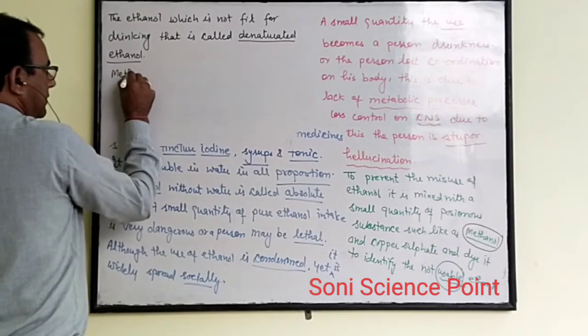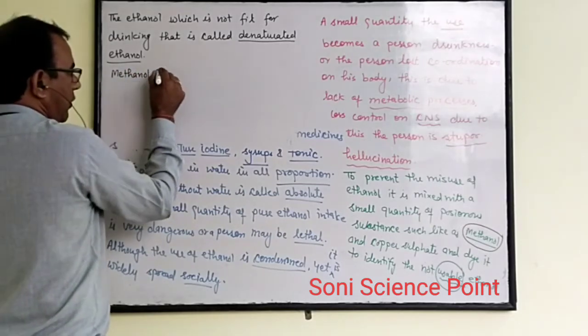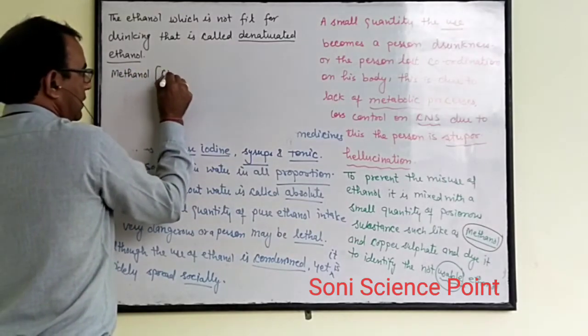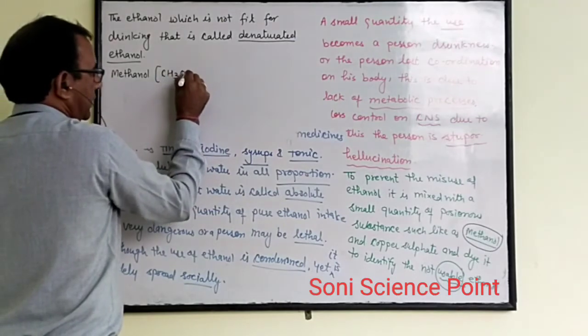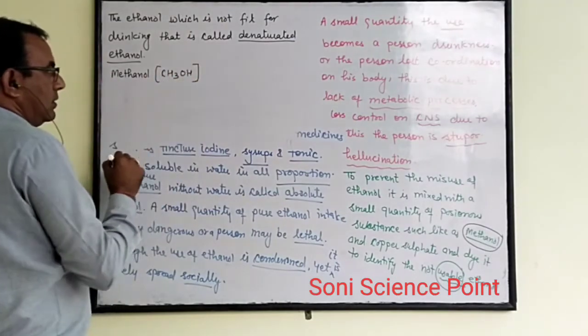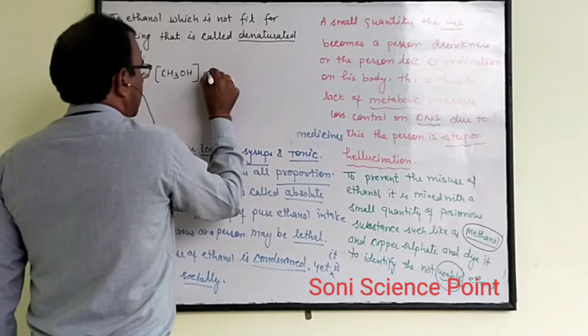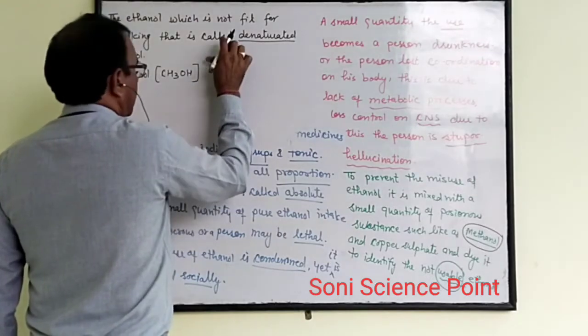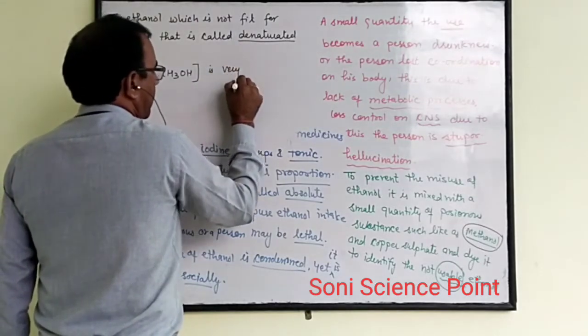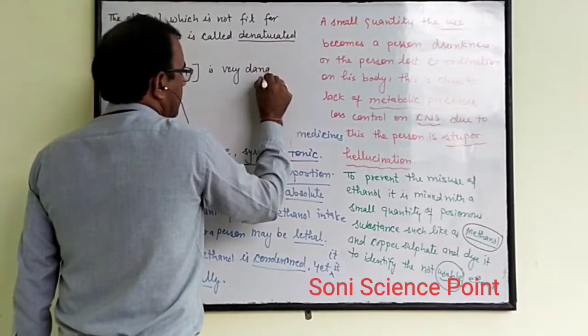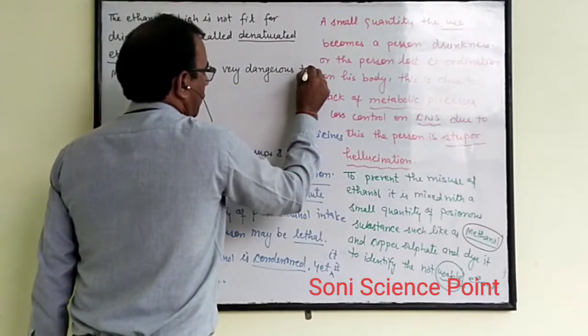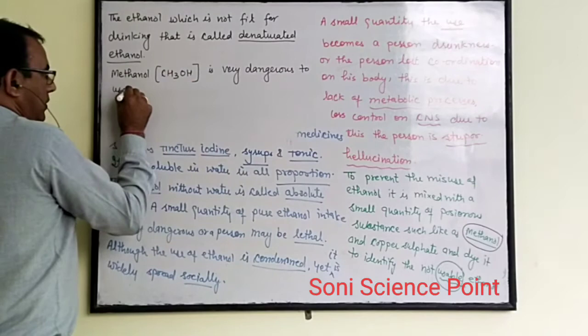Methanol, its chemical formula is CH3OH, is very dangerous to use.